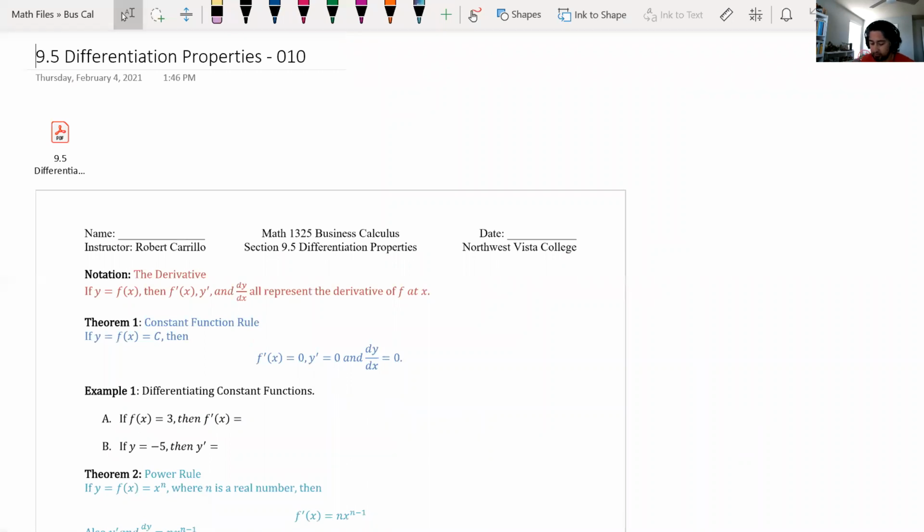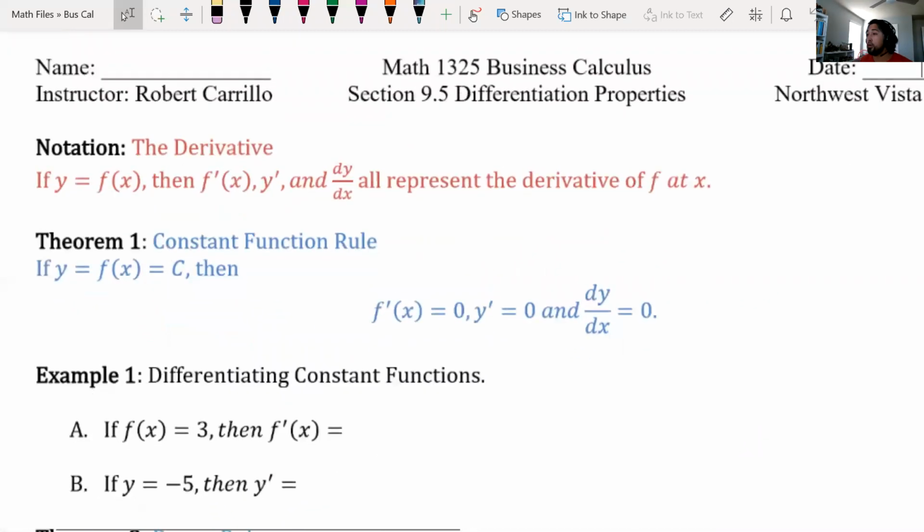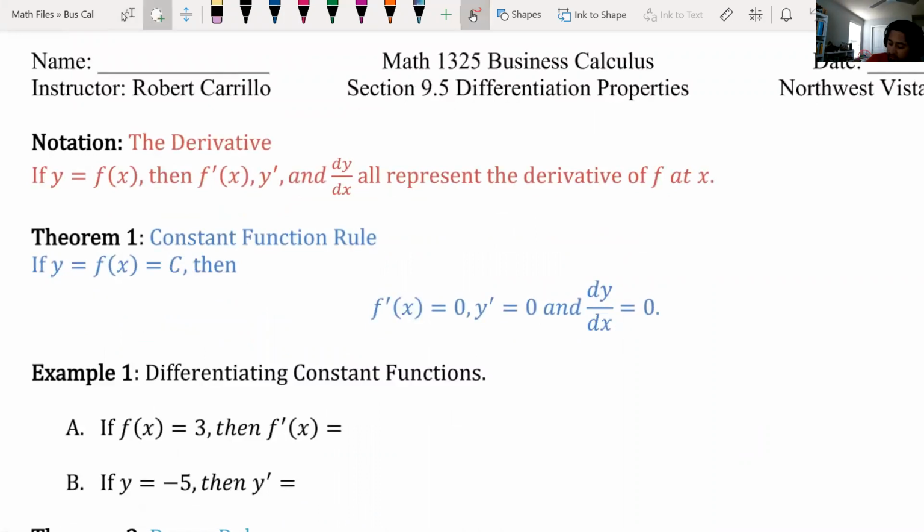Okay. So the derivative, the notation, we've already seen one of the notations already, is f prime of x. This just means the derivative. Another notation could be y prime, and another notation could be dy over dx. All this says is take the derivative.